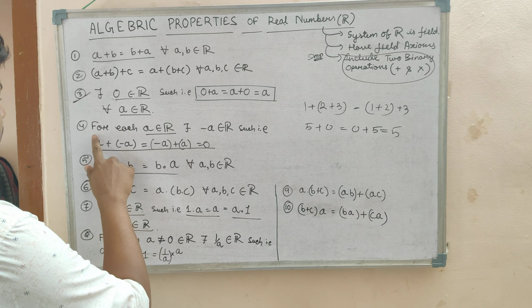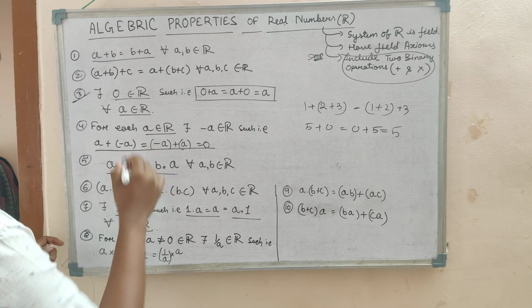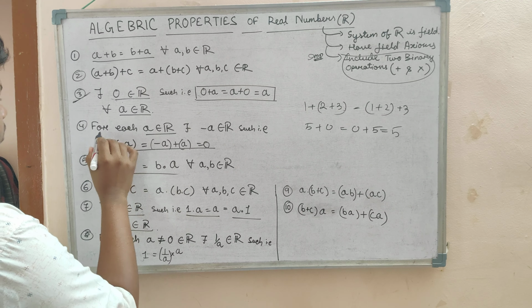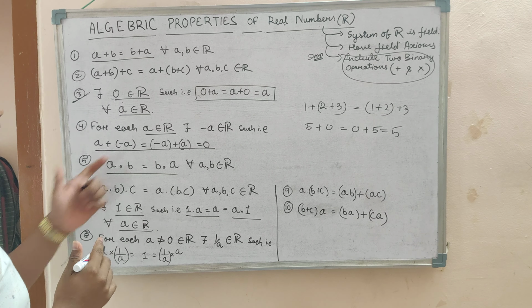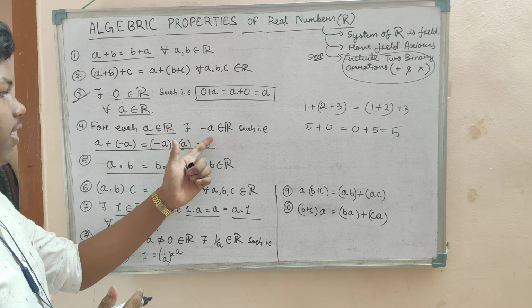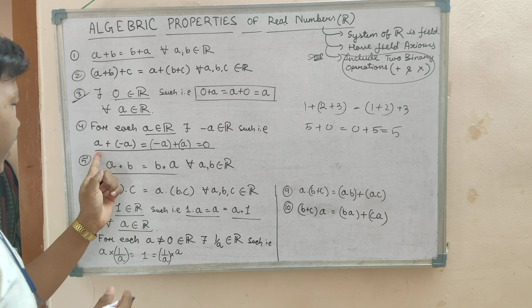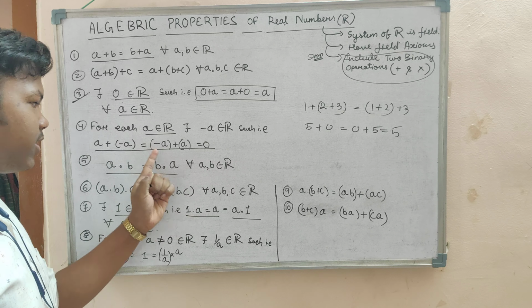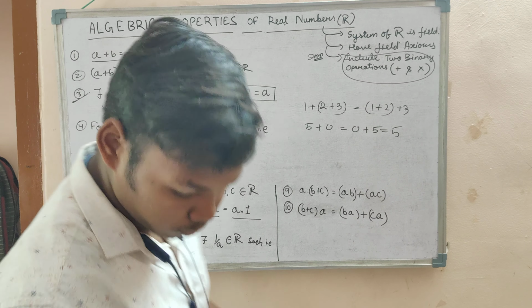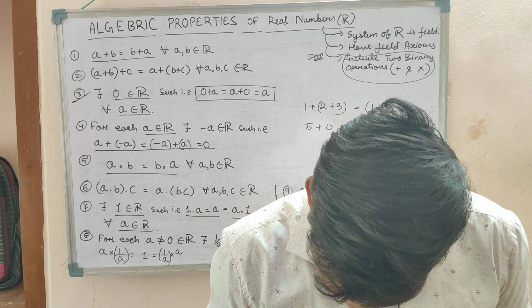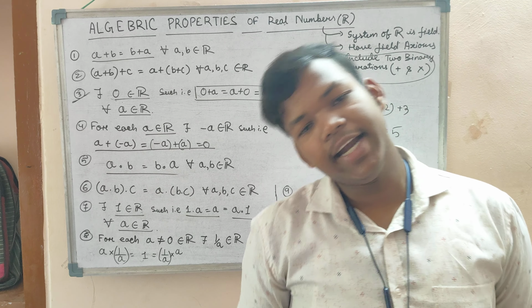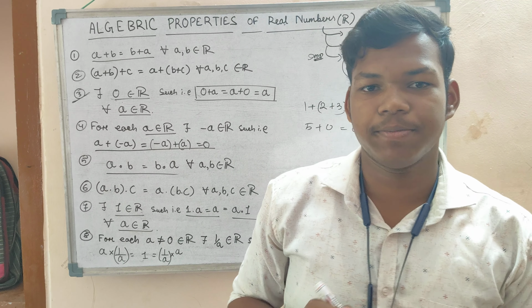Then the next property. For a belongs to R, there exists minus a belongs to R such that a plus minus a is equal to minus a plus a is equal to 0. This is actually the existence of negative numbers in real numbers.